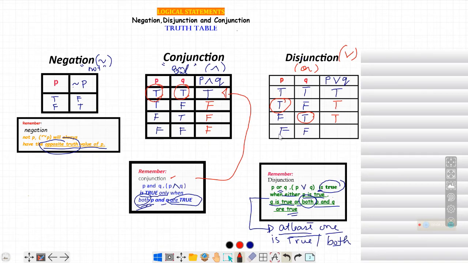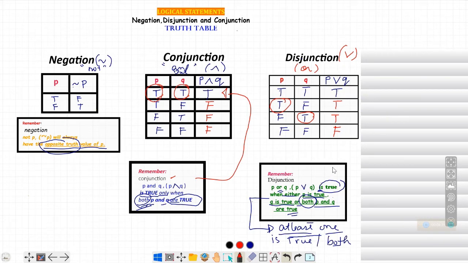And for this last one, both P and Q are false, and because there's no true, this statement will be false. So that's how we find if the disjunction is true or false.